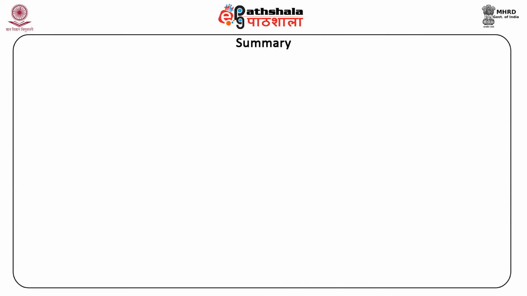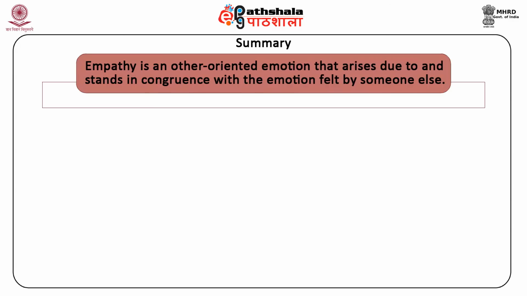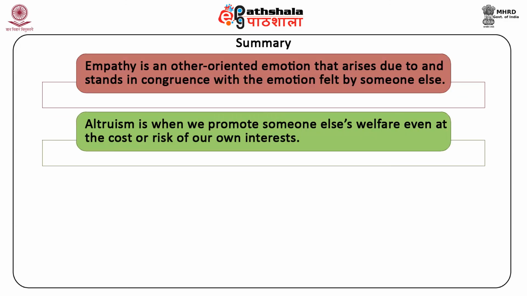Let us summarize what we have learned. Empathy is an other-oriented emotion that arises due to and stands in congruence with the emotion felt by someone else. Altruism is when we promote someone else's welfare even at the cost or risk of our own interests.